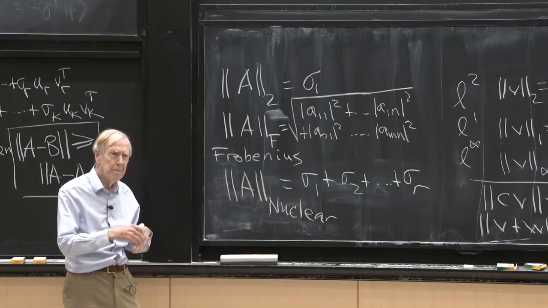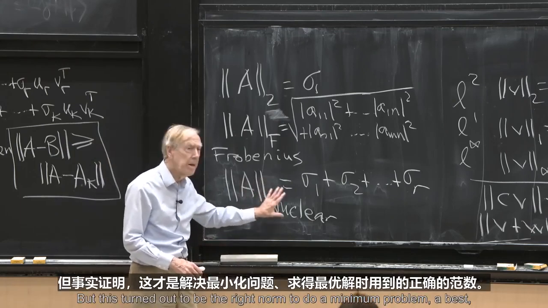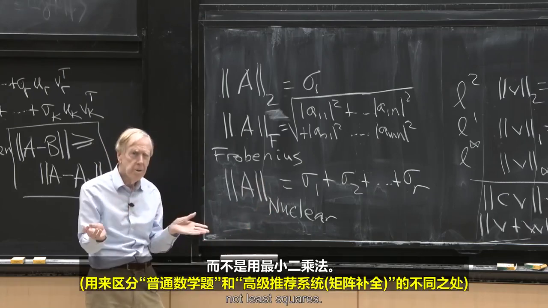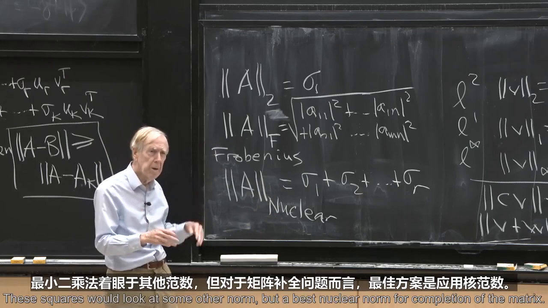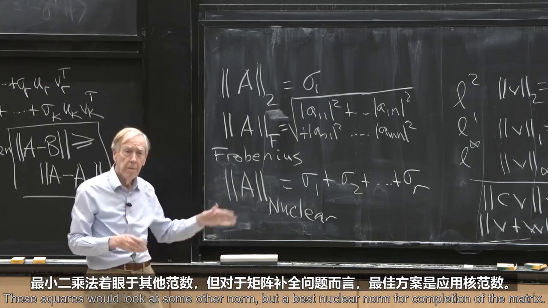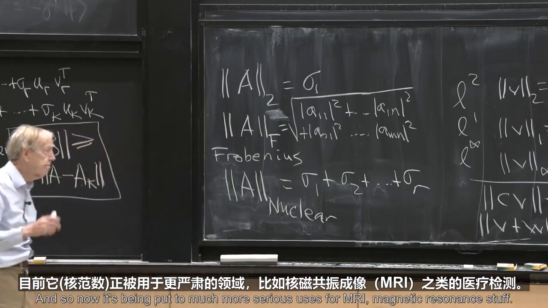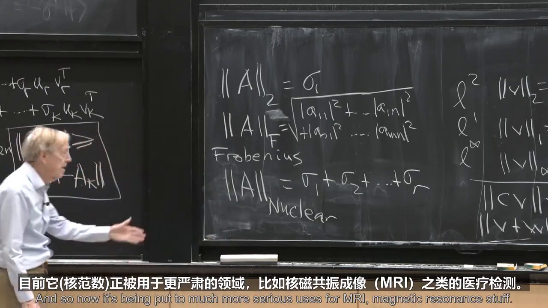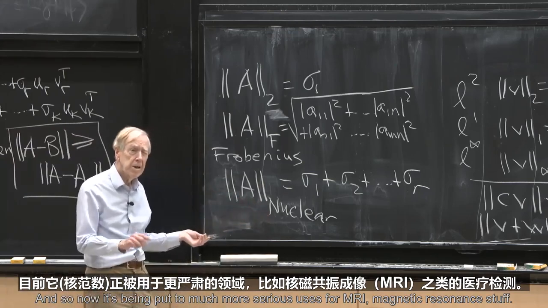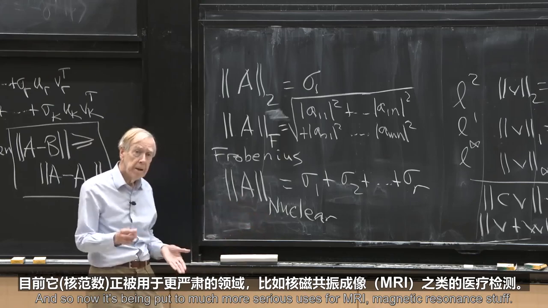Okay. So anyway, it just turned out that this norm was the right one to minimize. I can't give you all the details of the Netflix competition, but this turned out to be the right norm to do a minimum problem, a best, not least squares. Least squares would look at some other norm, but a best nuclear norm completion of the matrix, and now it's being put to much more serious uses for MRI, magnetic resonance.